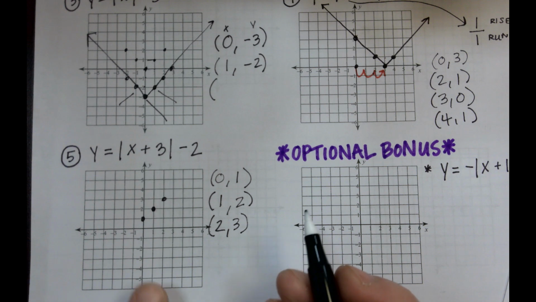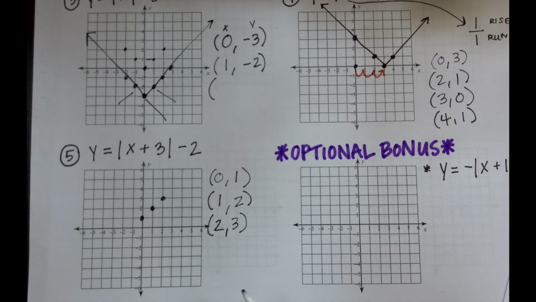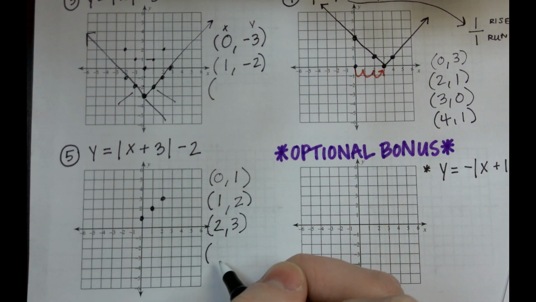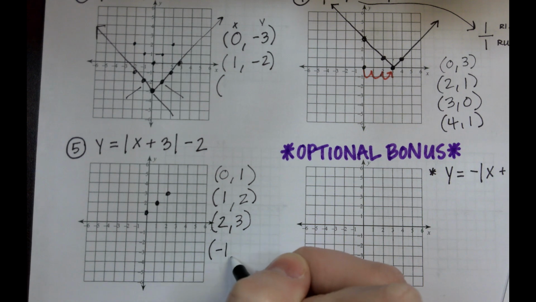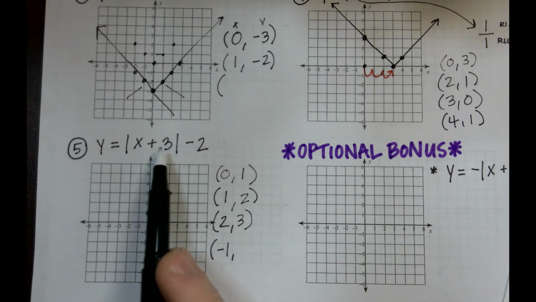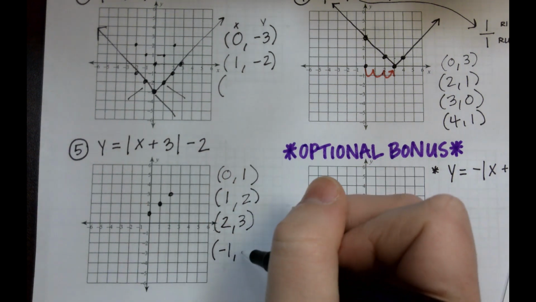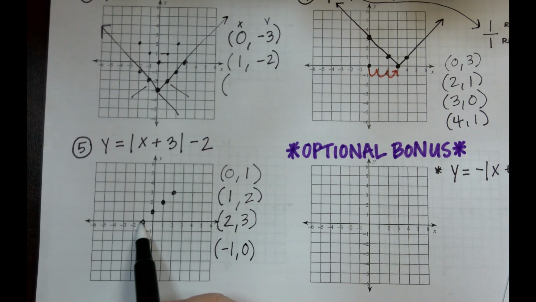Why don't we use some negative numbers? You want to try -1 for x? If I put -1 in for x, -1 plus 3 is 2. 2 minus 2 is 0. So now we have a point here, -1, 0.